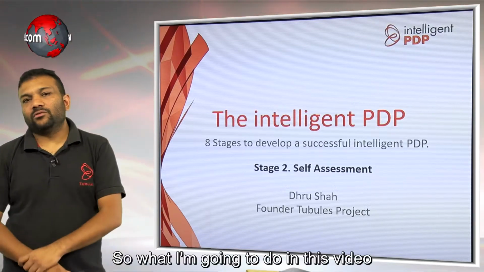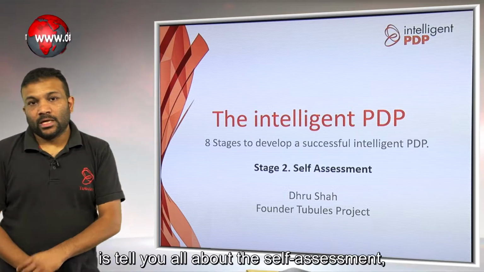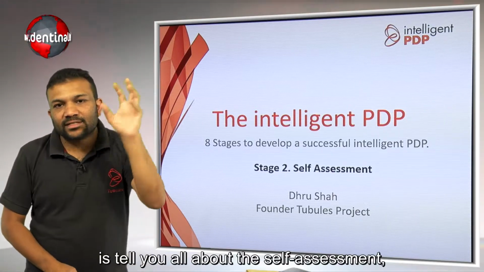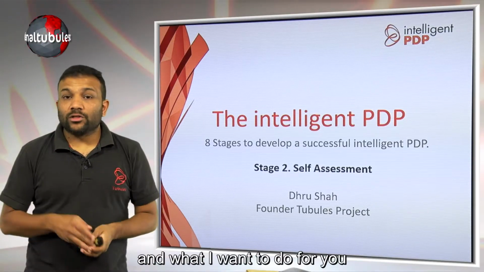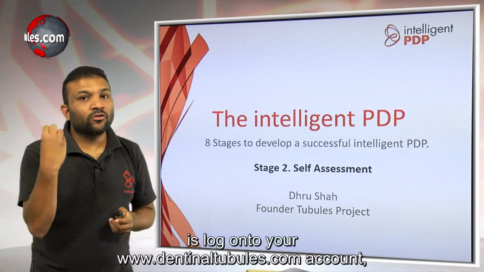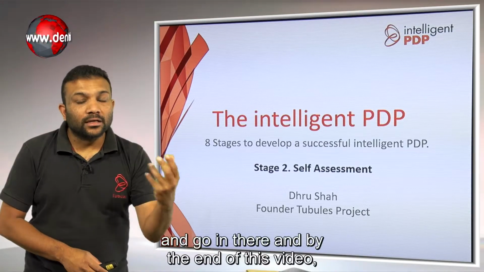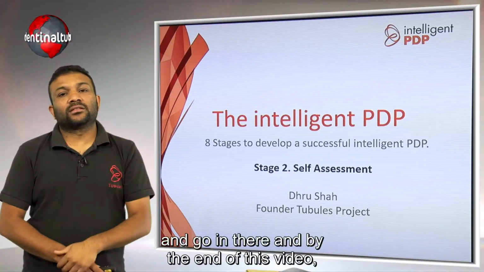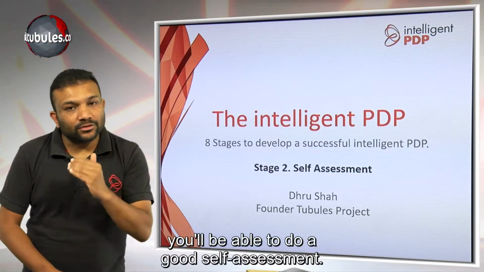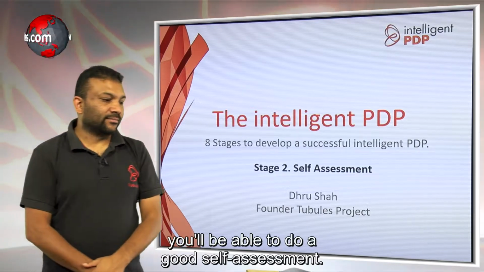So what I'm going to do in this video is tell you all about the self-assessment. And what I want you to do is log on to your www.DentinalTubules.com account and go in there, and by the end of this video, you'll be able to do a good self-assessment.